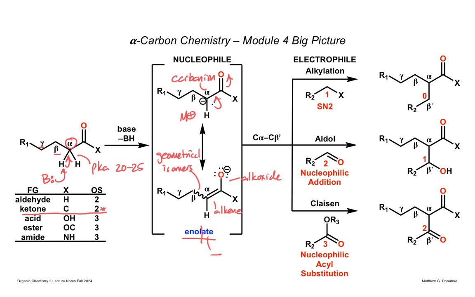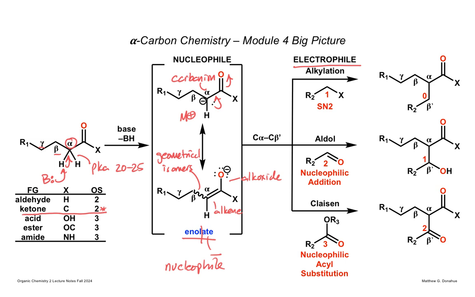An enolate is going to act as a nucleophile. And as you see in the reaction proceeding, depending on what electrophile you add, the name of the reaction is different. As I said, this chapter has a lot of reactions in it. So we'll talk about alkylation, aldol, and Claisen.